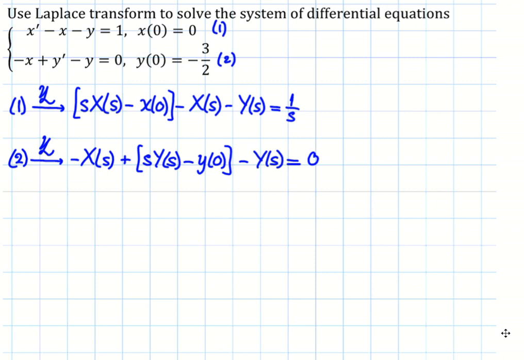Alright. x(0) is 0, so that is 0. y(0) is negative 3/2.